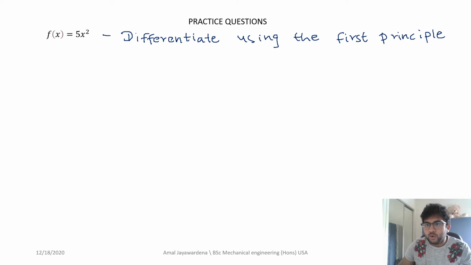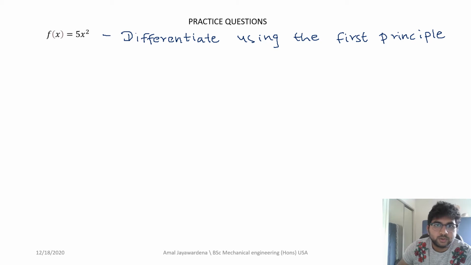After you know the rules, I don't think you're ever going to use this limit approach to do differentiation. But before that, we just have to solve differentiation questions using the first principle as a start.